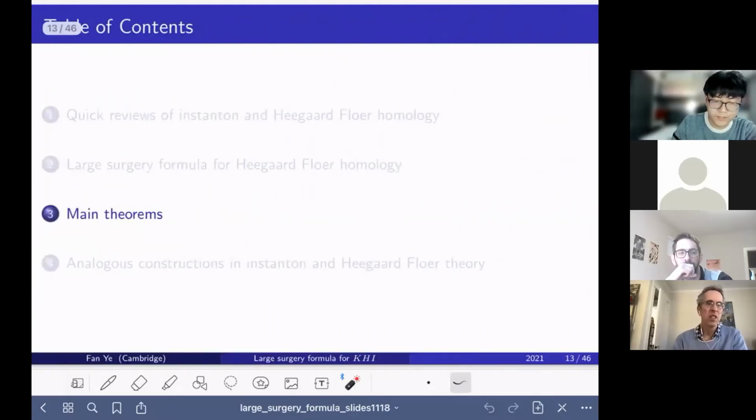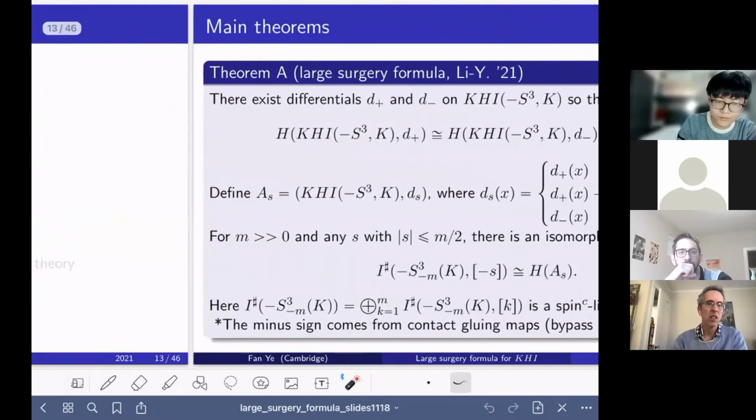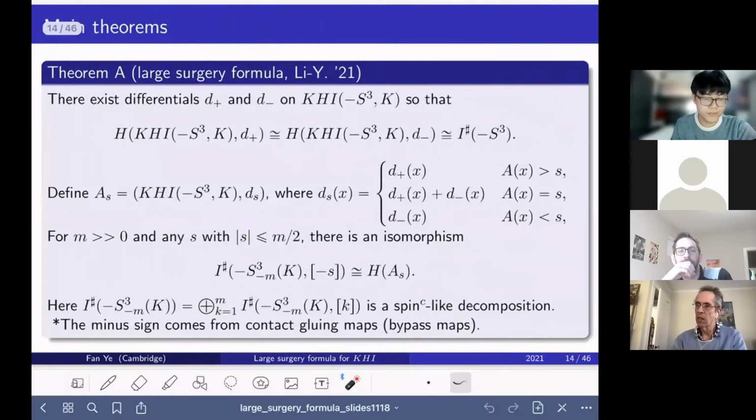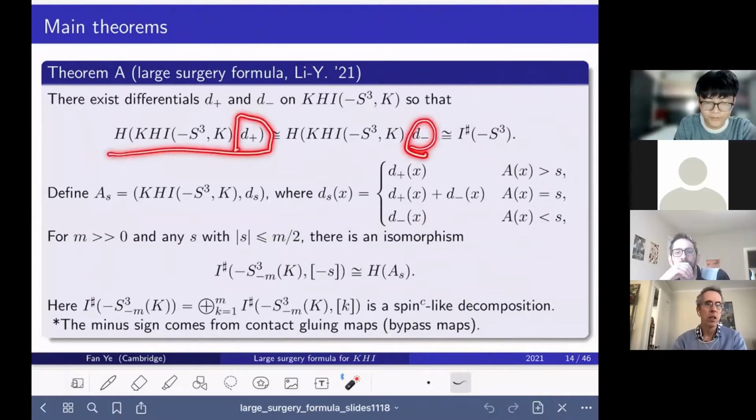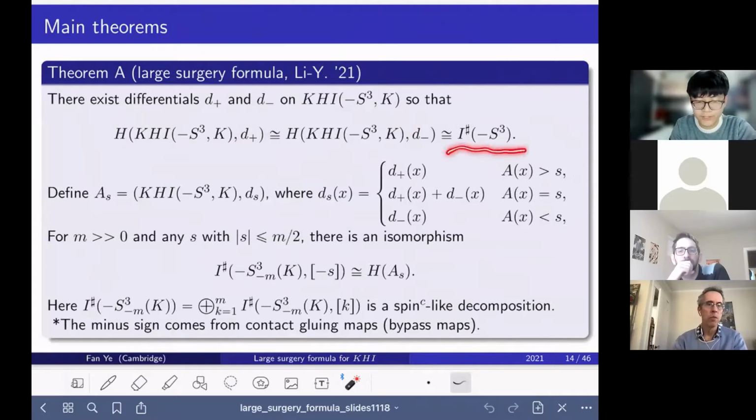Okay, and so my work with Zhengkun is to construct two differentials d plus and d minus on KHI, so that the homology of these two differentials is isomorphic to I sharp of the ambient three-manifold S^3.